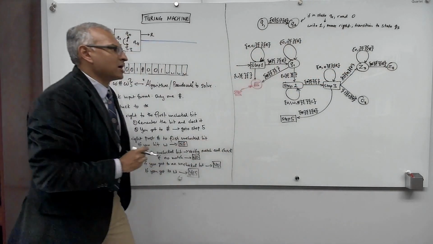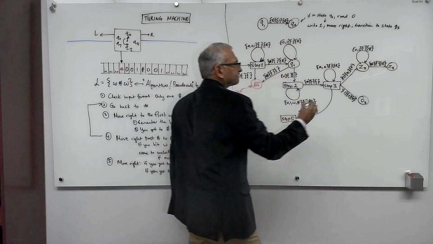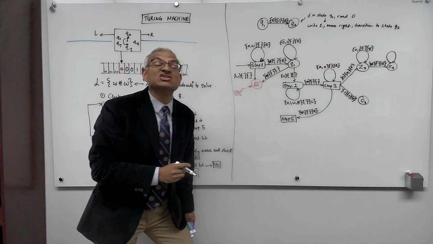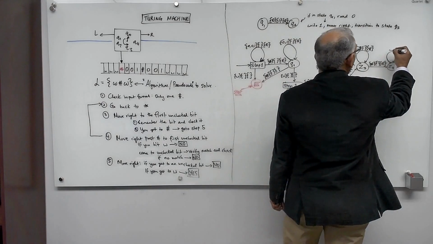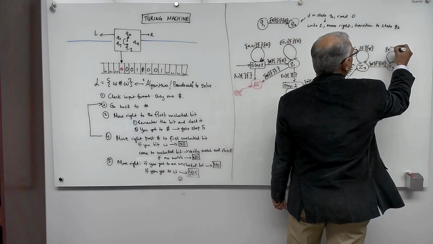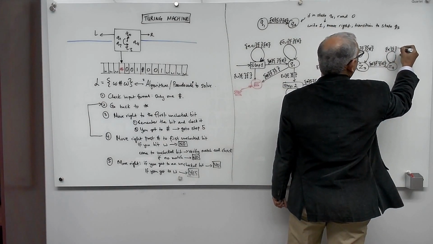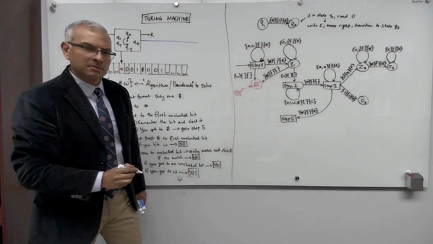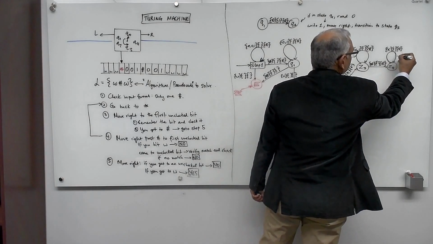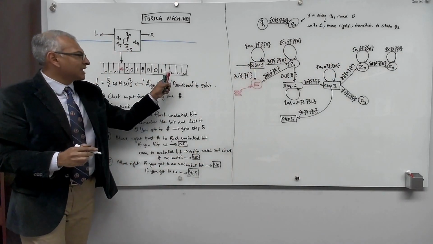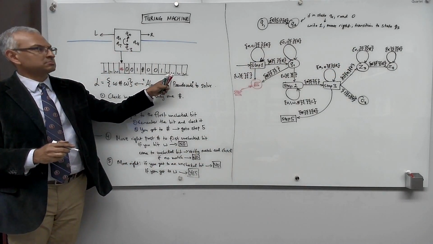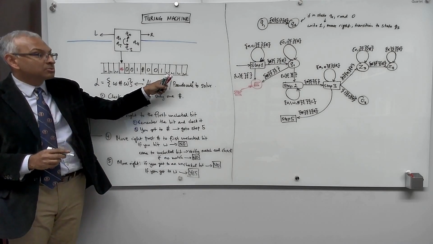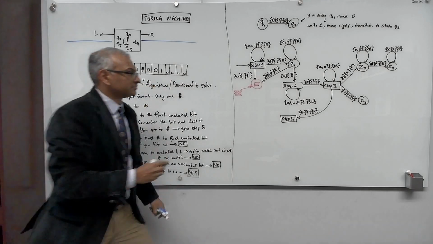So I've come to the pound. Now I keep moving right as long as what I see has been checked. If on the other hand I come to blank, or I come to 1 because I'm looking for 0, I can reject.